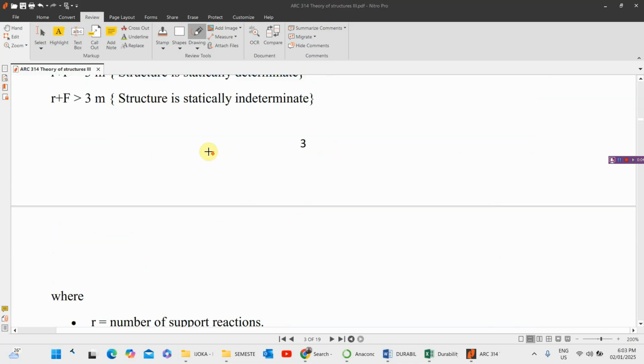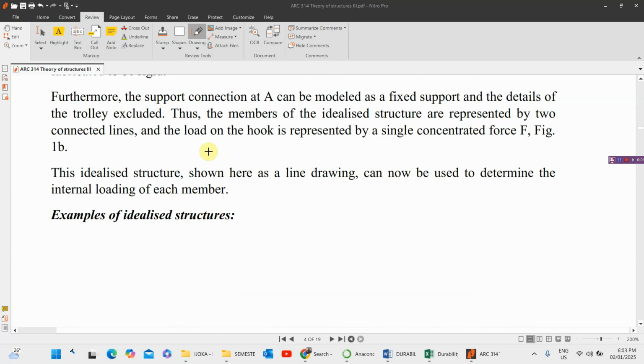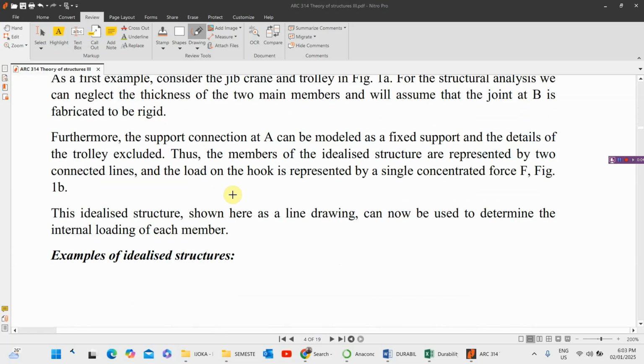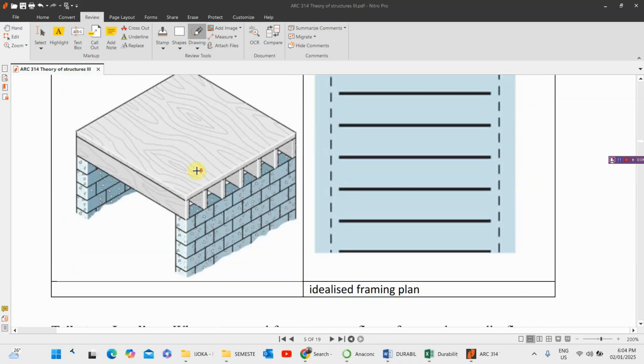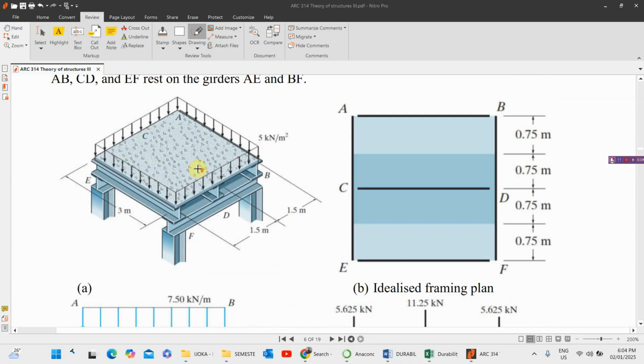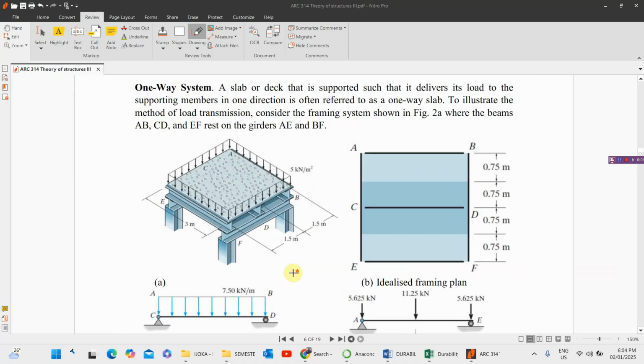So let me go straight to the business of the day. We have an idealized structure here. Let's look at this structure. This deck or slab is supported in one direction, and look at the way it is.